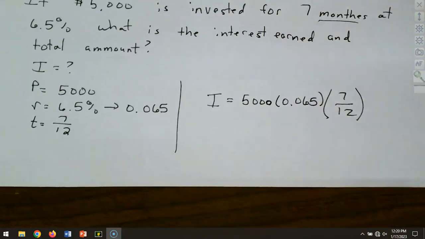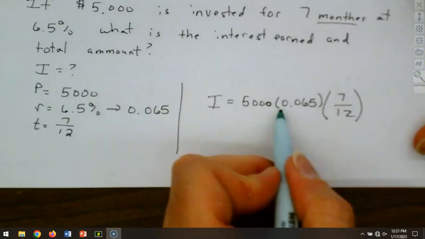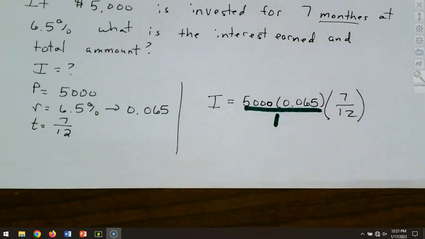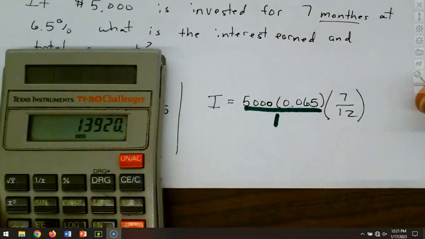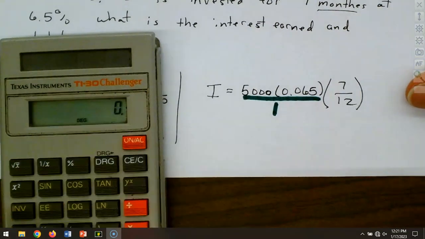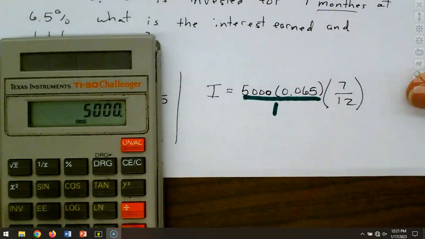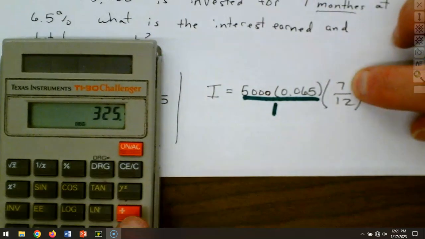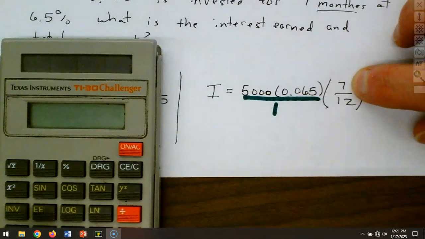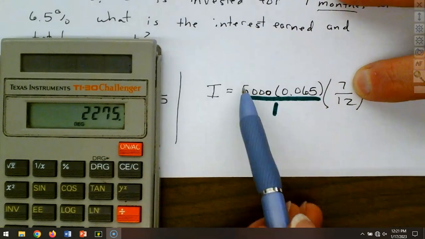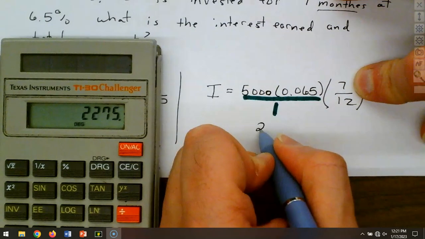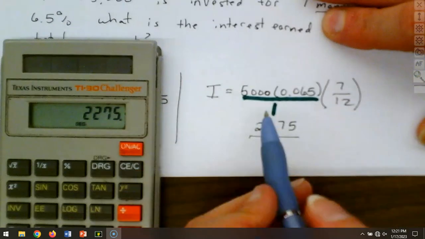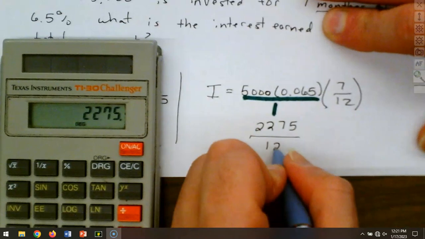What I want you to do so that you get the exact answer is write all of this over 1, and we're going to multiply it. So you take your $5,000, multiply it by 0.065, and multiply it by the 7. That gives you 2275, and 1 times 12 is 12.